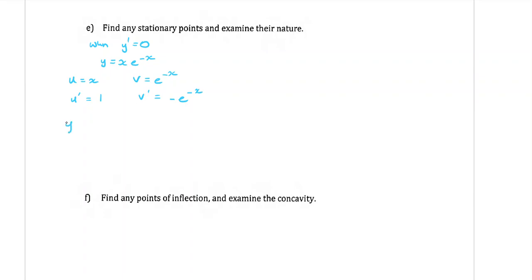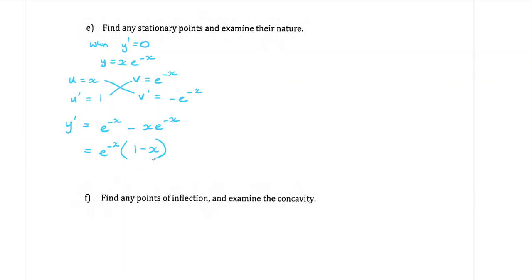So y dash equals v times u dash, which is e to the negative x, plus u times v dash, which we change to a minus because of that minus sign, x e to the minus x. Or factorize the e to the minus x out, and it would be 1 minus x inside the bracket. That's just differentiating it. That took enough work already. I still haven't found the stationary points.